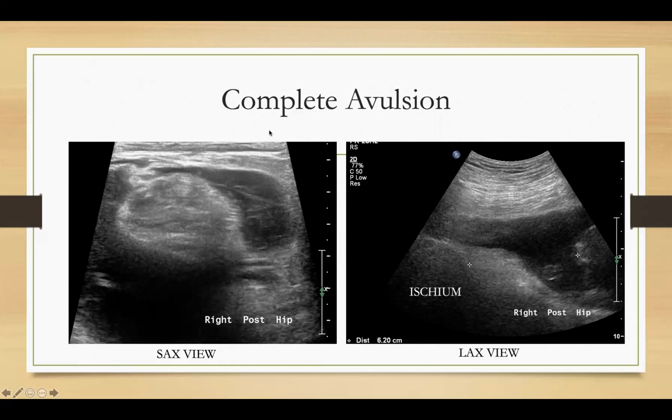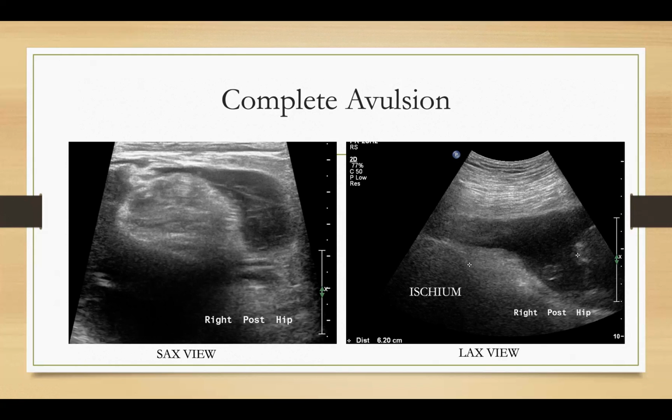This is a complete avulsion injury to the conjoint and semimembranosus tendons. This gentleman got pushed over backwards, fell onto his buttock with his leg out in front of him, and felt a large pop, and developed an abundant amount of ecchymosis along the buttock and posterior thigh.